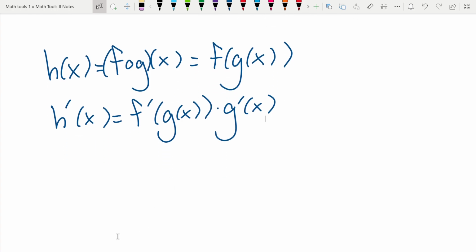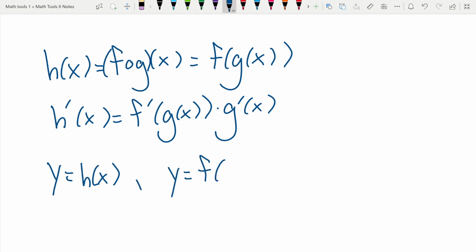This is often written with the Leibniz notation. Specifically, the way that it is sometimes written is that if y is equal to h of x, as usual, then in this case y is equal to f of u, where u is equal to g of x. So we're just using what we call an intermediary variable.